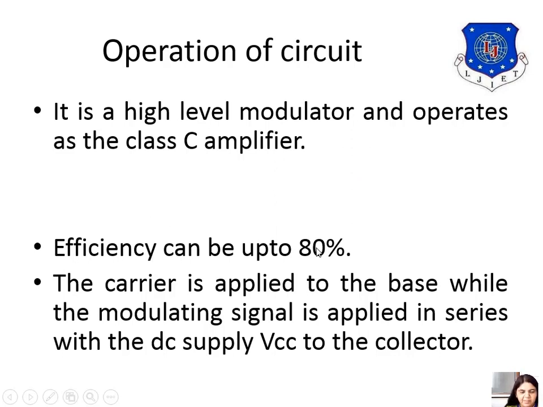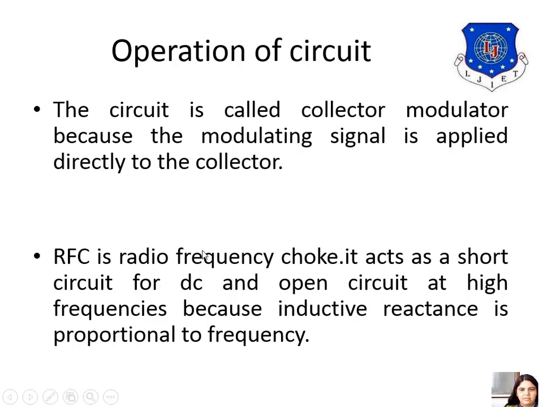Efficiency is up to 80%. The carrier is applied at the base, while the modulating signal is in series with the DC supply VCC at the collector. The circuit is called the collector modulator because the modulating signal is applied directly to the collector. RFC is a radio frequency choke.